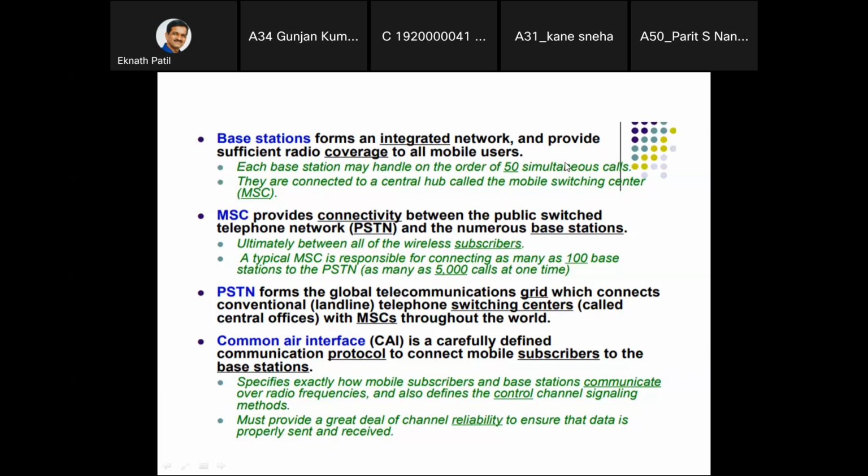Common air interface is a carefully defined communication protocol to connect the mobile subscribers to the base station.